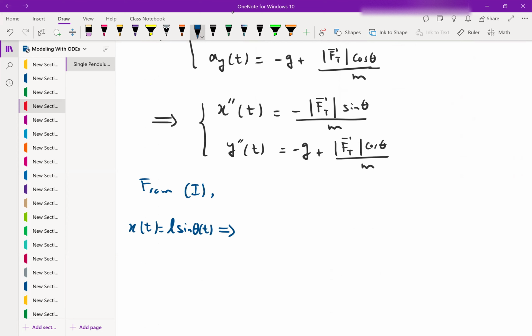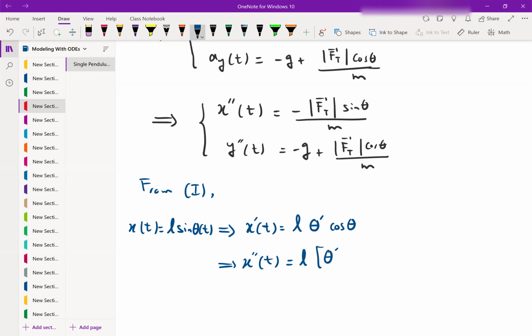So that tells me that x prime of t is equal to L theta prime cosine theta. Now I have to use the chain rule to take the derivative of sine of theta of t: the derivative of the outer function evaluated at the inner function times the derivative of the inner function. That is what we did here. And now we can take the second derivative. L is a constant.